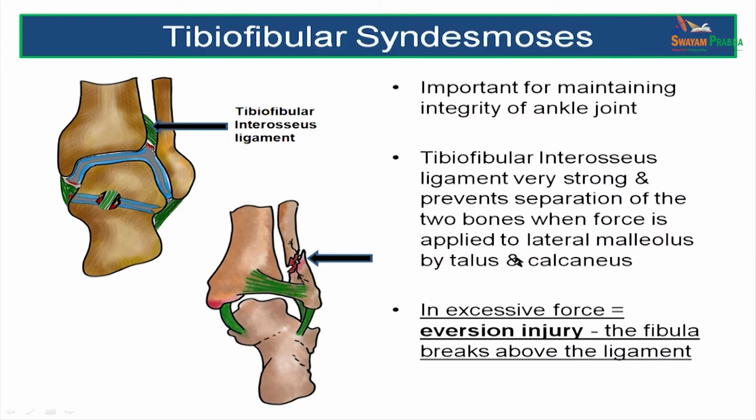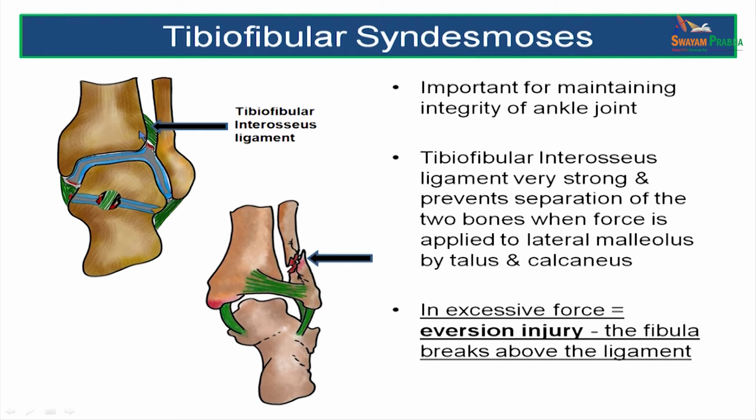Let us look at the tibiofibular syndesmosis. A syndesmosis is an immovable joint which is very strong and fibrous between two bones. The joint that you see here between the lower ends of the tibia and the fibula is a syndesmosis, and this is the ligament of this joint, the inferior tibiofibular ligament, also called the tibiofibular interosseous ligament.